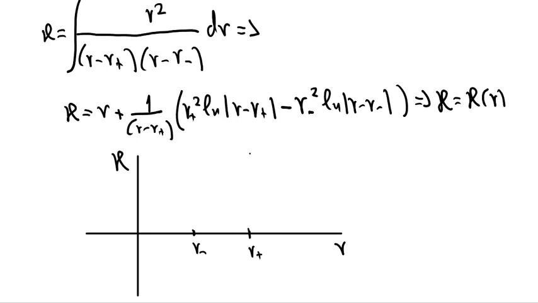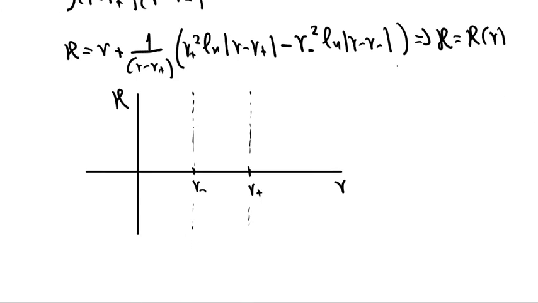I don't think I need to explain in detail how to get the graph. We don't need the detailed graph. We actually only need to know the regions in which the function is increasing and the regions in which the function is decreasing. You can just read that easily off from the expression which we have.